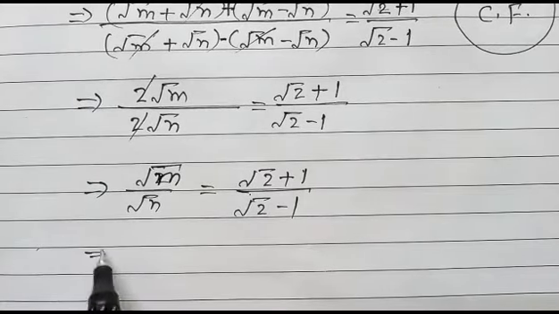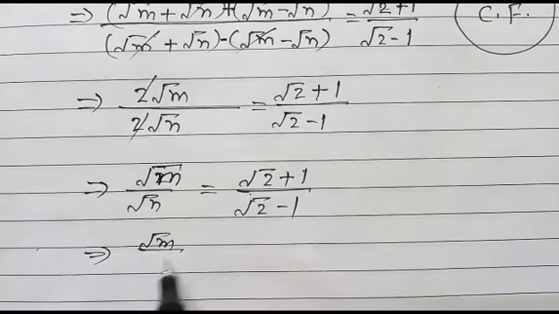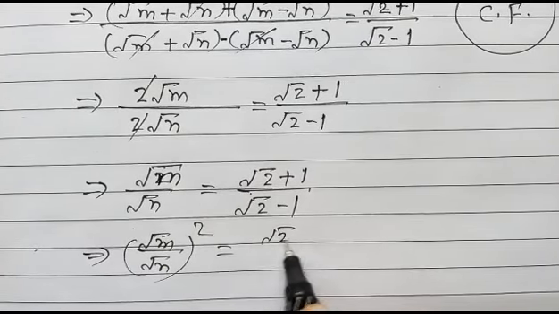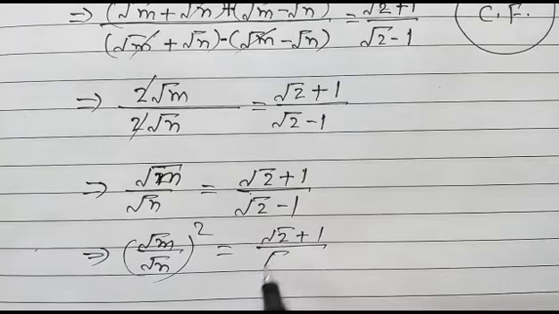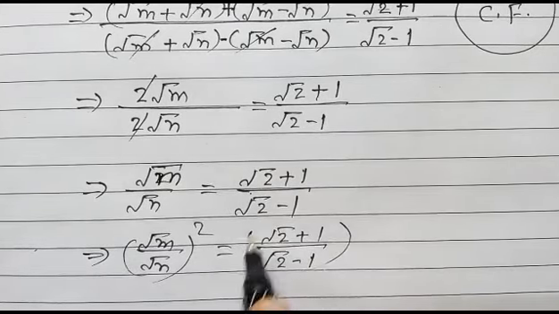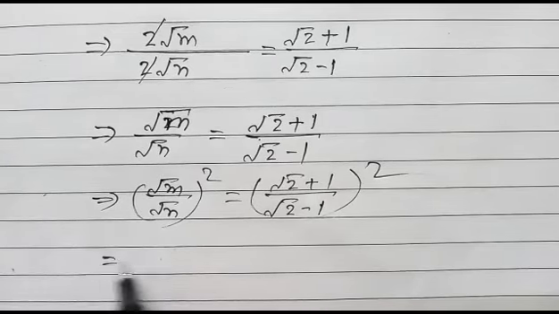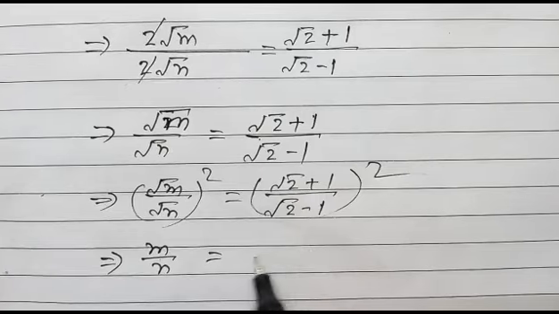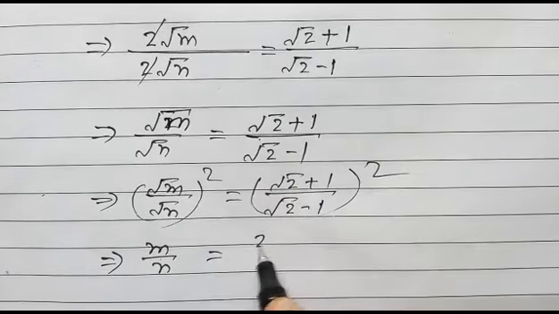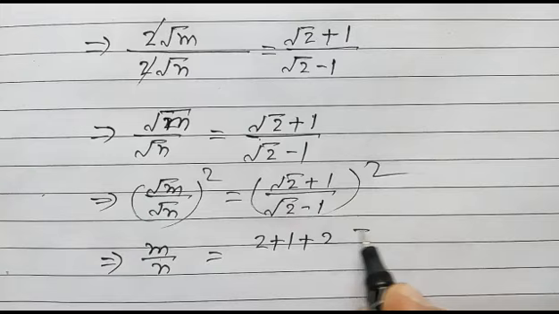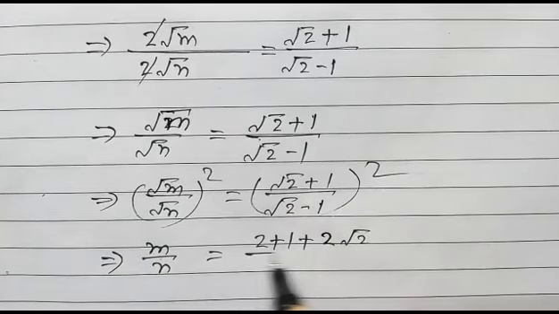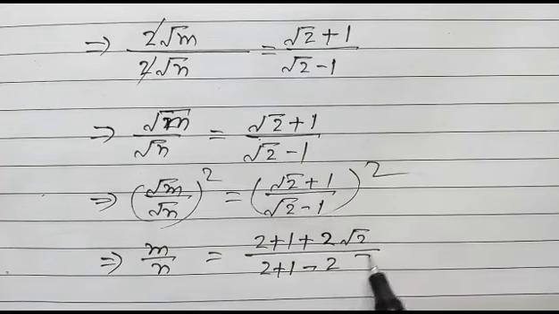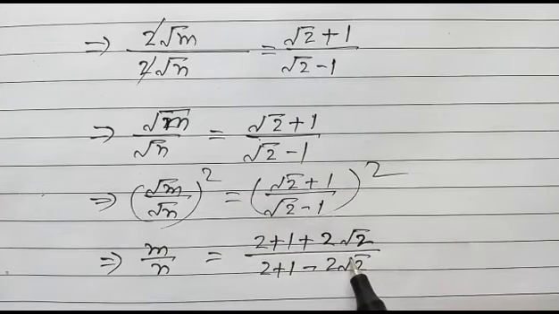Squaring both sides, (square root of m over square root of n) whole square is equal to ((square root of 2 plus 1) over (square root of 2 minus 1)) whole square. So m over n, if we square this, we get (2 plus 1 plus 2 square root of 2) over (2 plus 1 minus 2 square root of 2).